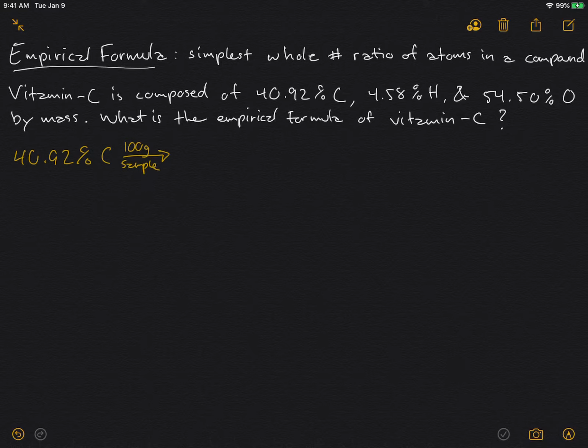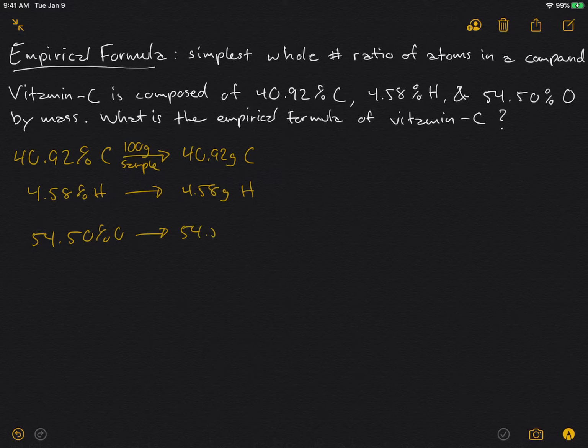So 40.92 grams of that sample would be carbon, 4.58 grams would be hydrogen, and 54.5 grams of oxygen. So that's the first step.